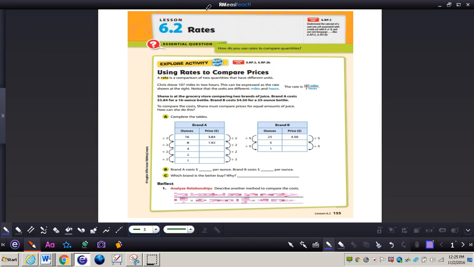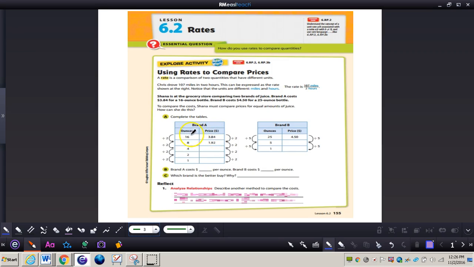16 ounces and 25 ounces is not the same, so what we need to do is get it down to a unit rate. In other words, we need to see how much 1 ounce costs for brand A and brand B, and then we can really make a good comparison. So in order to do that, you want to keep dividing by 2. Since you're dividing the ounces by 2, you have to divide the price by 2.